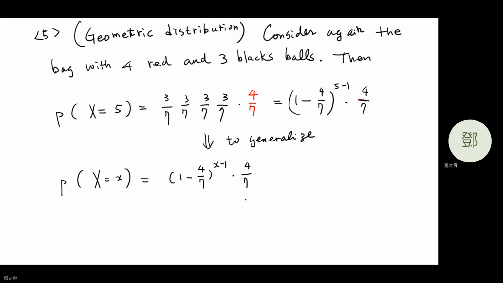And what is the possible value of X? Johnny has to draw at least once to get the first red ball, so X starts from 1, 2, 3, all the way to infinity. Maybe he never gets a red ball. So bad luck, so unfortunate. He never makes it.